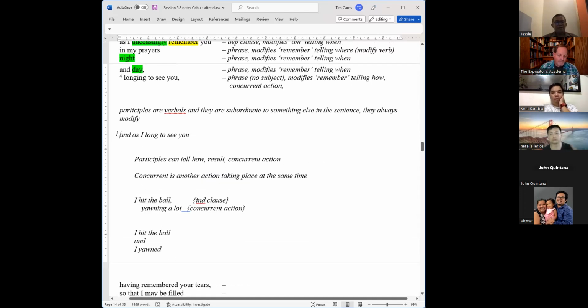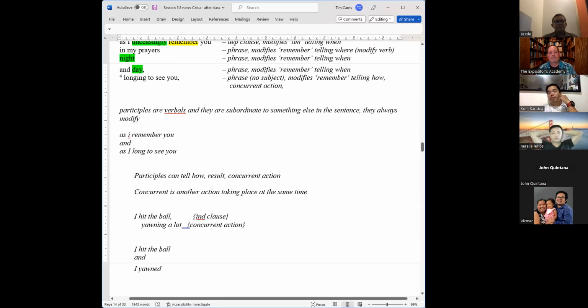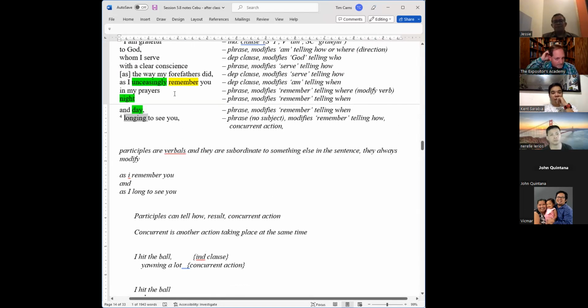But if Paul had said, as I remember you and as I long to see you, that would have been two equally important statements. Instead, by using this participle longing, he's telling us this is something that's happening, but the verbal idea of remember is the more important thing he's communicating. Participles are subordinate.